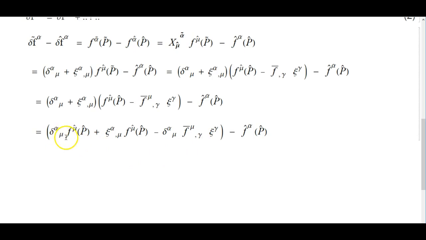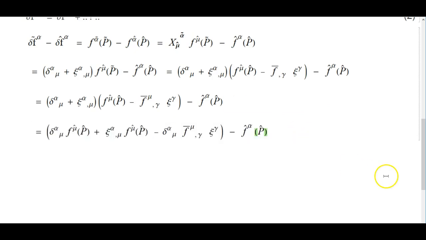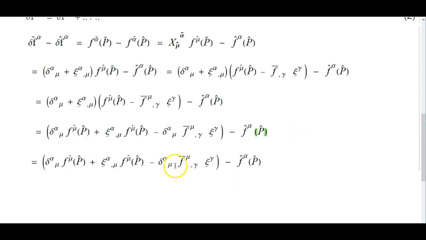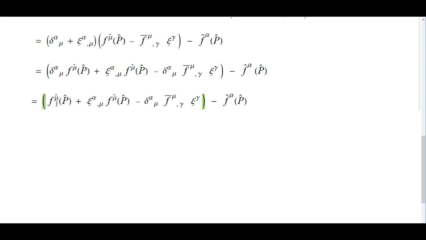Okay, now what next? Let's now leverage the power of Mathematica, copy paste, and I can simplify the first term, delta alpha. This is now alpha. Basically, this is also f in alpha caret coordinates.